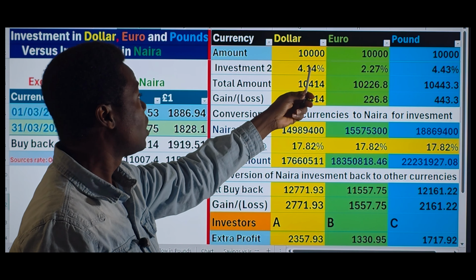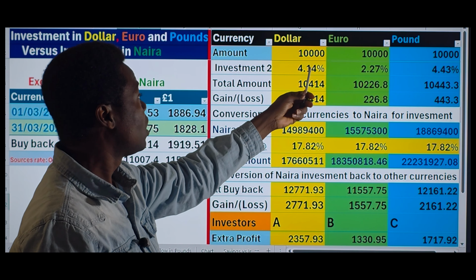When he invests the 10,000 euro in Italy Treasury bill at an interest rate of 2.27%, he will have a total amount of 10,226.8 euro. He will realize a total amount of 10,226.8 euro from that investment.